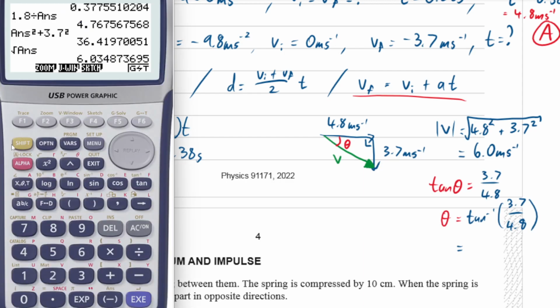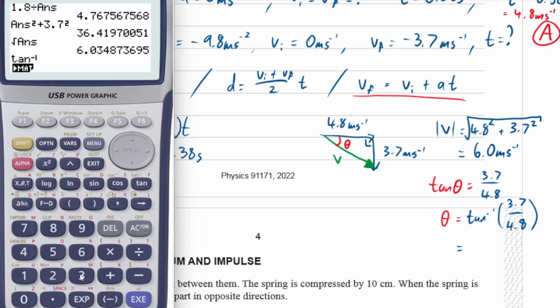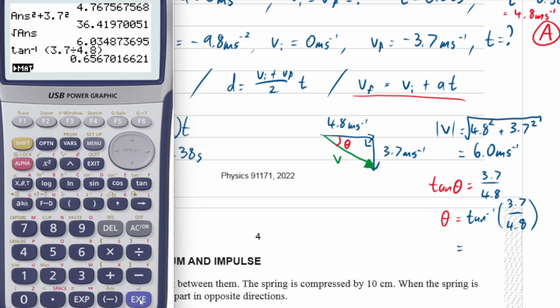So we go shift tan, 3.7, so in brackets, divided by 4.8, close bracket.